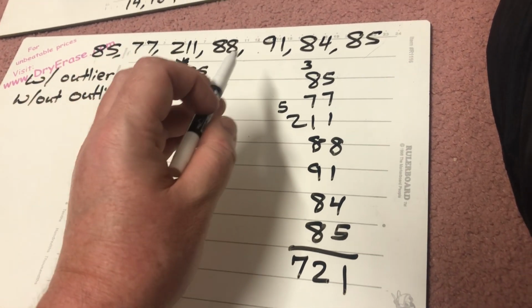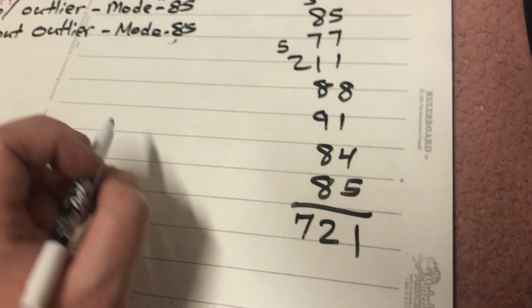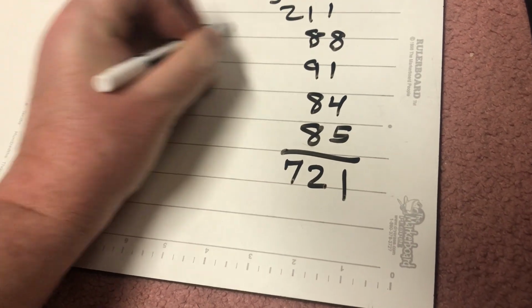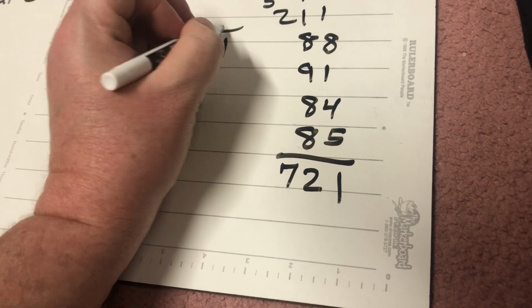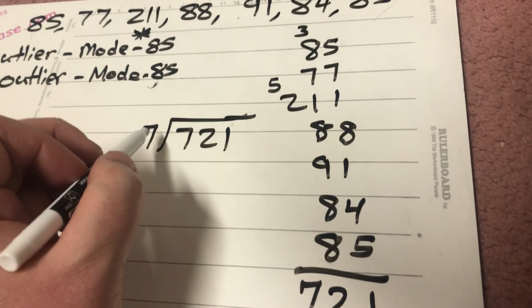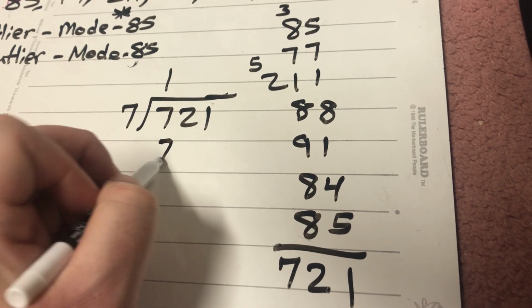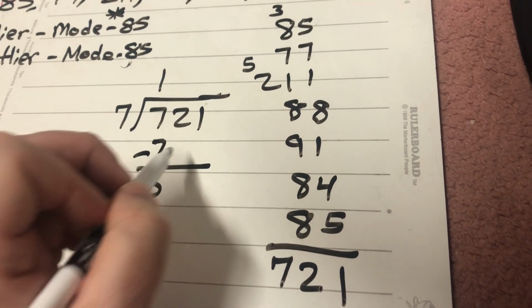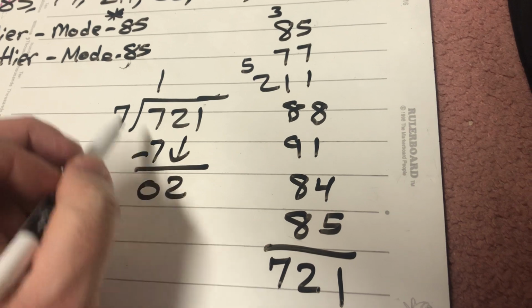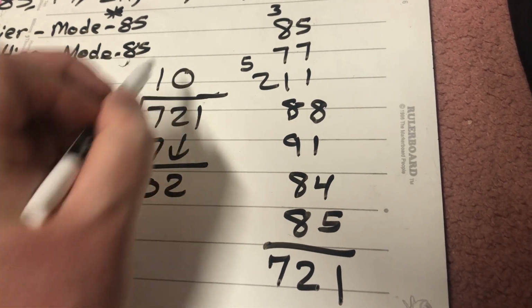1, 2, 3, 4, 5, 6, 7. So I'm going to take 7 into 721. This is not going to be a difficult division problem. 7 can go into 7 once. 1 times 7 is 7. 7 minus 7 is 0. Drop the 2. 7 cannot go into 2, so I put a 0 there.